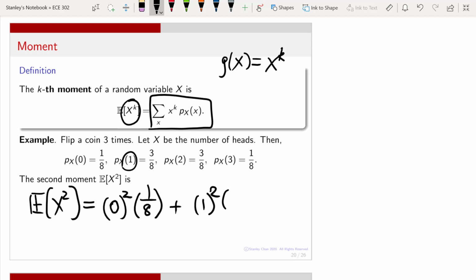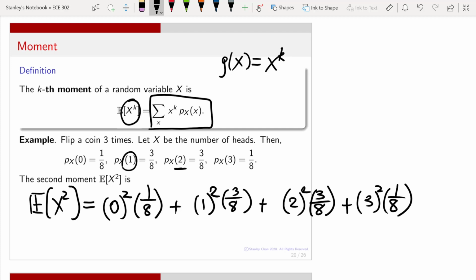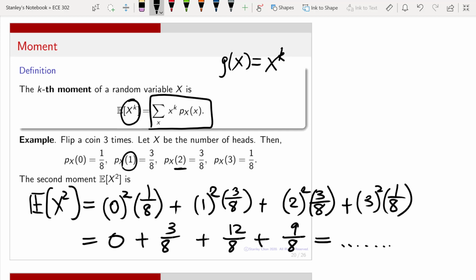The probability of getting that is 3/8. Then you have 2 to the power 2, where this 2 comes from the state and this 2 comes from your power, with probability 3/8. Then 3 squared with probability 1/8. So that will give you 0 plus 3/8 plus 12/8 plus 9/8. Now you can do the simple calculation and complete it.